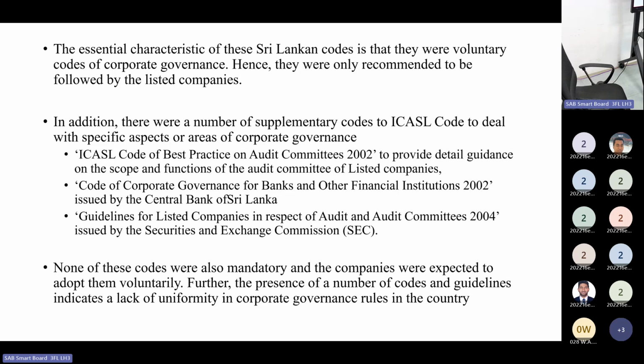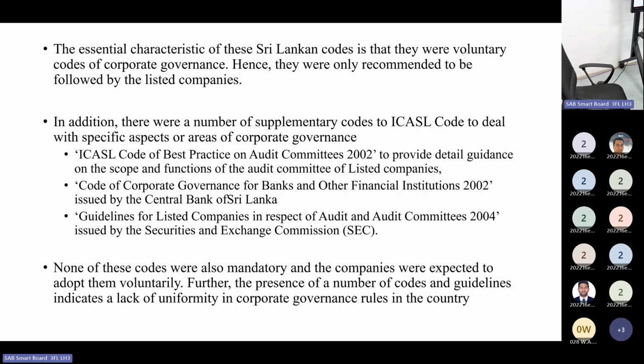You can understand, right? Here you have the code developed in 2003. Then the Chartered Institute issued another code, known as the Code of Best Practice for Audit Committee. The audit committee is the most important committee here, so to make that committee more important in the Sri Lankan context, they issued the Audit Committee code in 2002.